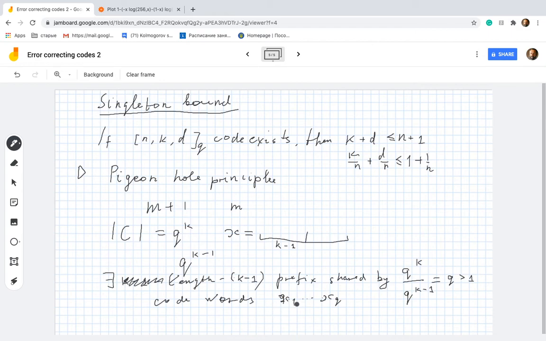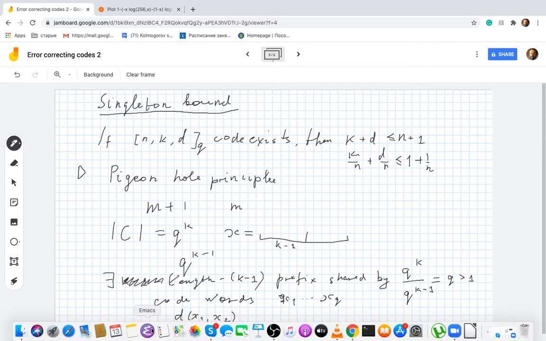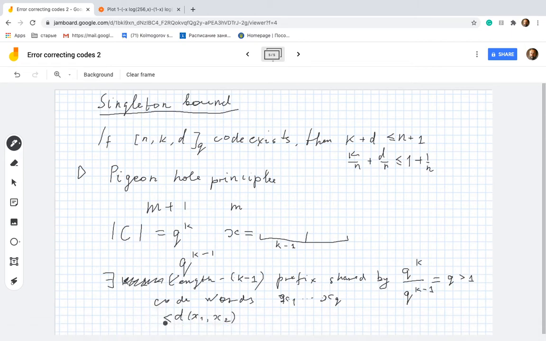So consider any two of them, say x1 and x2. They are certainly different, and so the distance between them is at least d. On the other hand, they have the same k minus 1 length prefix, so they can differ only in at most n minus k plus 1 letters.